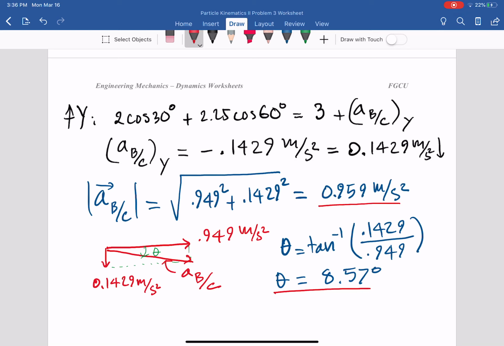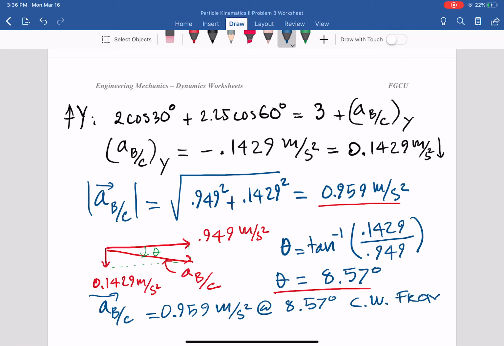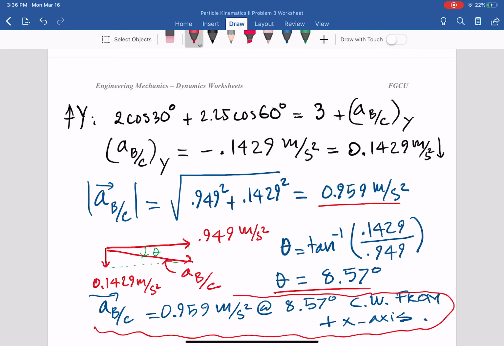You can write down there AB relative to C equal to 0.959 meters per second squared at 8.57 degrees, in this case clockwise from the positive x-axis, and that should be the answer. By now, you should be mastering how to solve both the relative acceleration equation and the relative velocity equation.